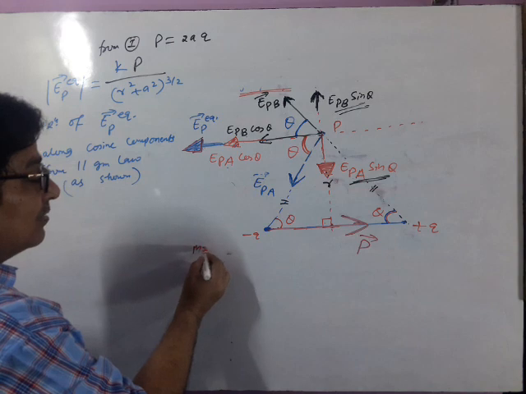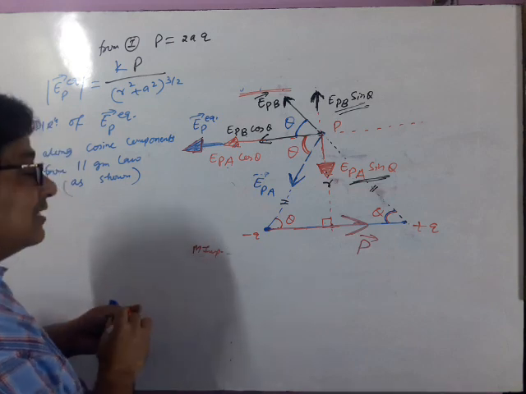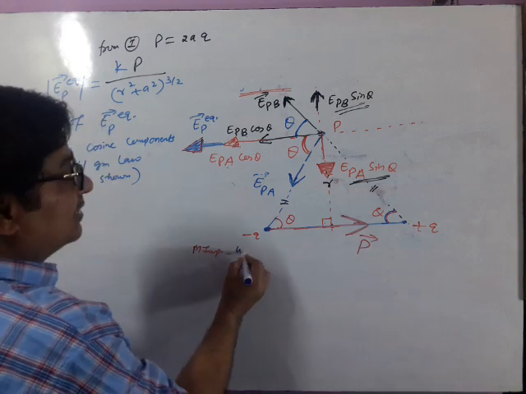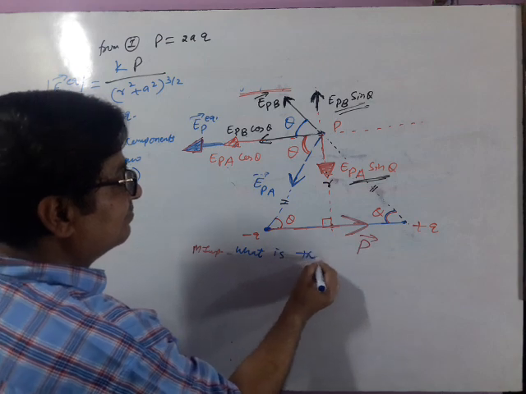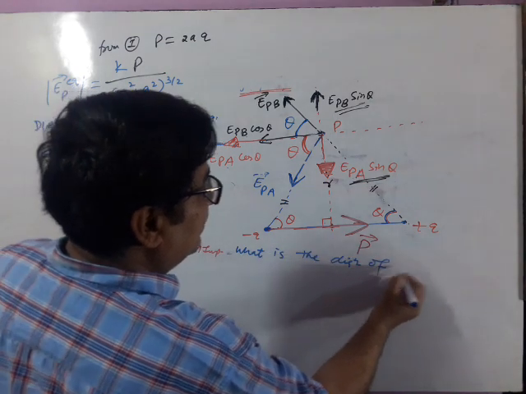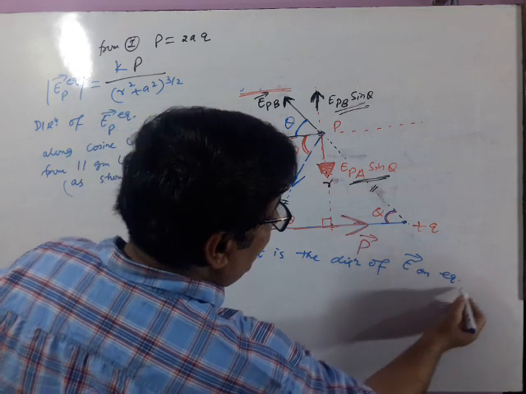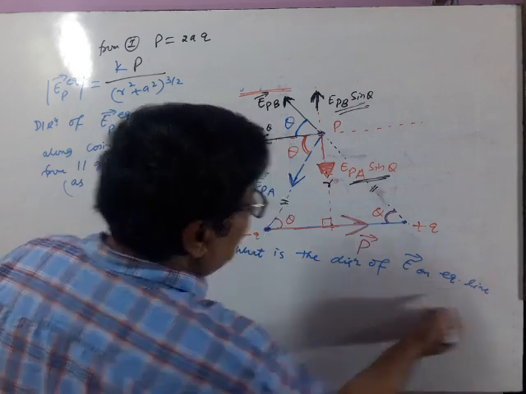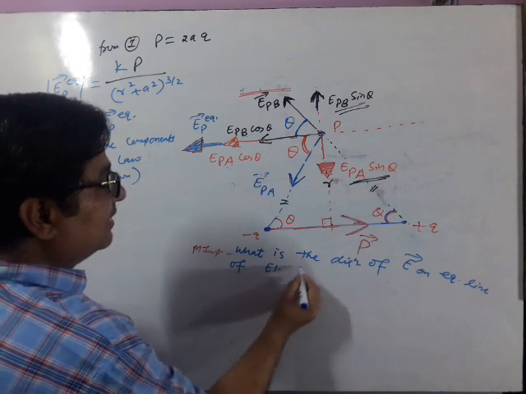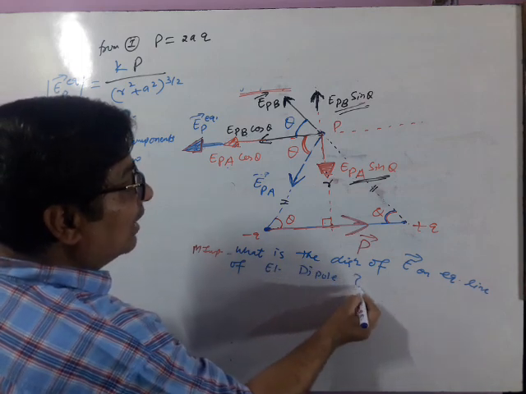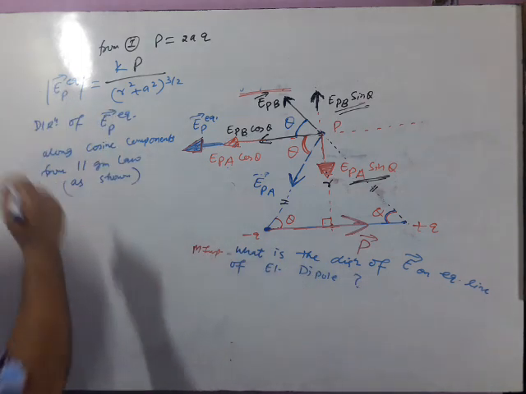So when this question is separately asked, what is the direction of electric field on the broadside-on or equatorial line of an electric dipole, then you can't say it is in the same direction as the cosine components.